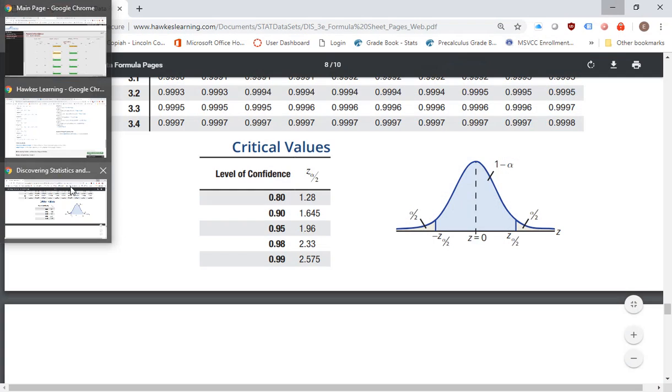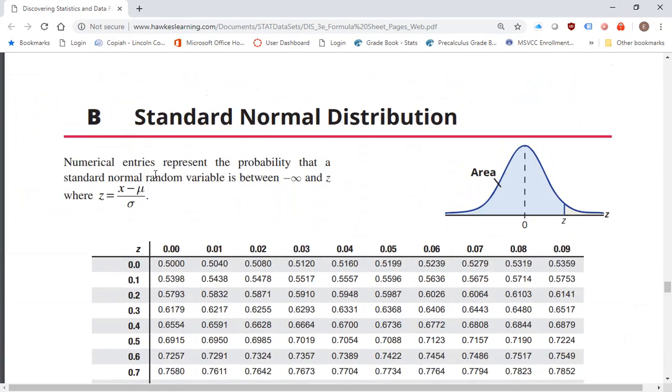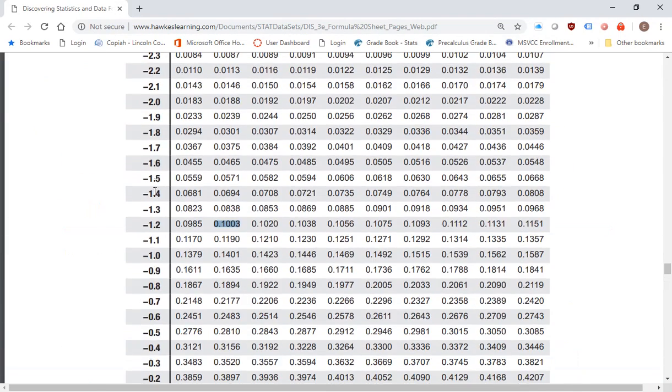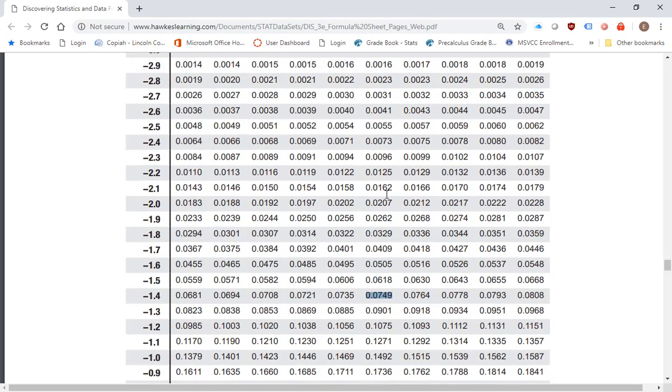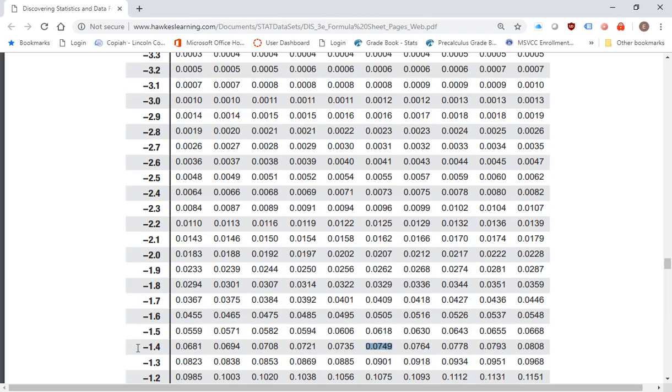So go to my table and look up. Oh no, I'm looking for an area. I can't have a negative area. 0.075. So 0.07. This is as close to 0.075 as I can get, right? 0.0749. So it is negative 1.44.